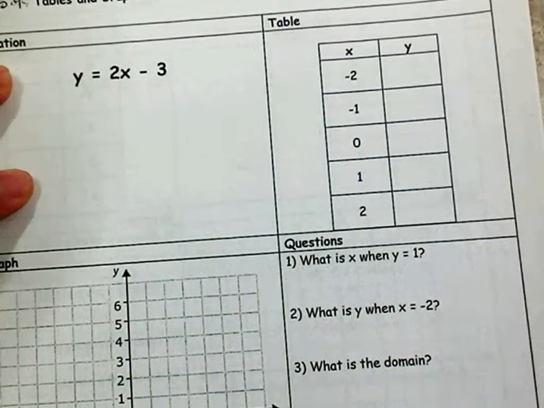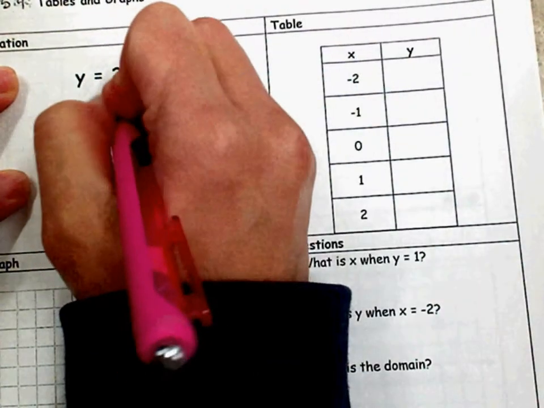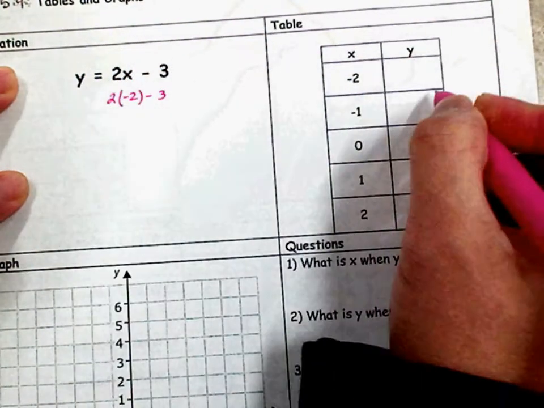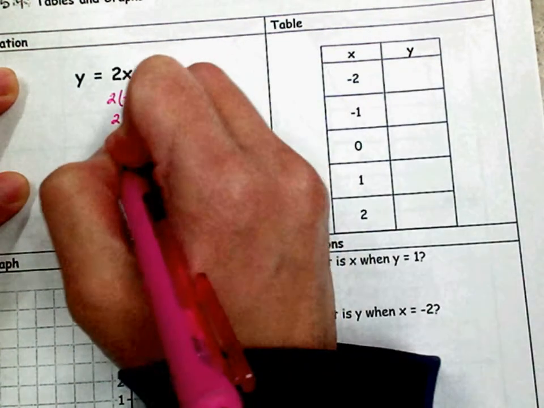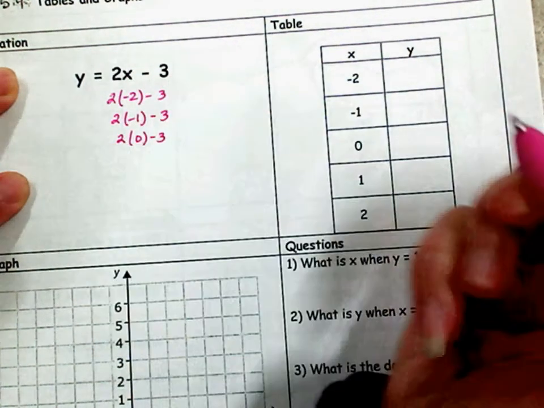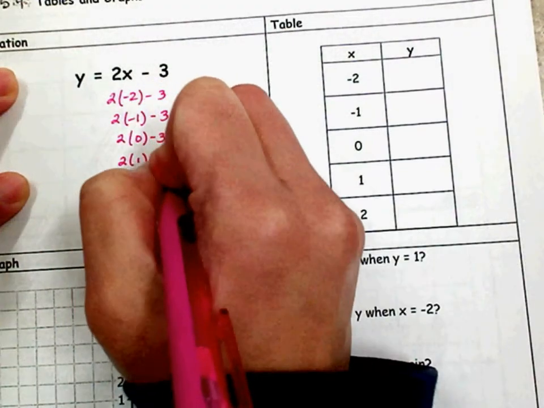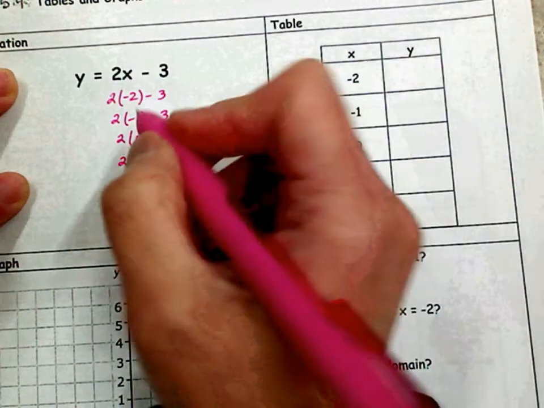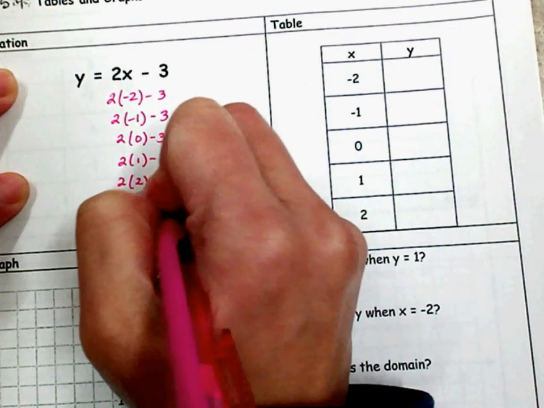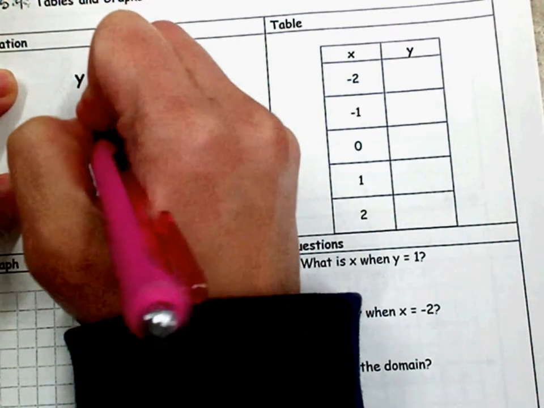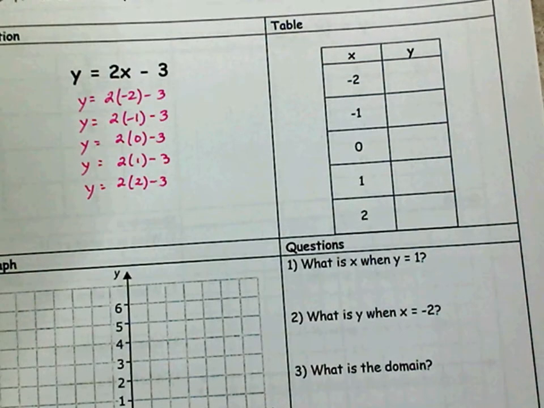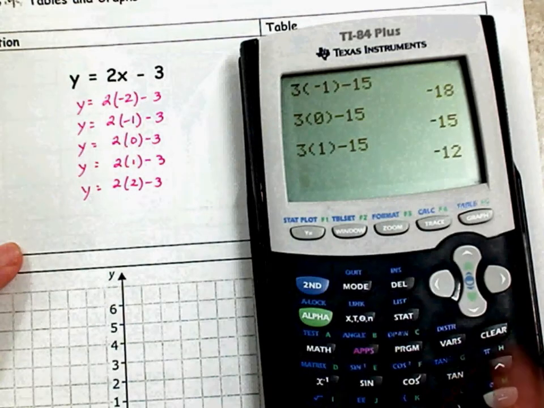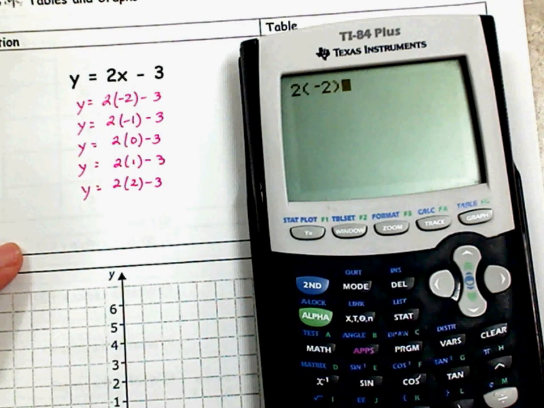Okay, so I have 2 times -2 minus 3, 2 times -1 minus 3, 2 times 0 minus 3, 2 times 1 minus 3, and 2 times 2 minus 3. Y equals each one of these. Okay, let's do the math. Clear. 2 parentheses, -2 minus 3, -7.